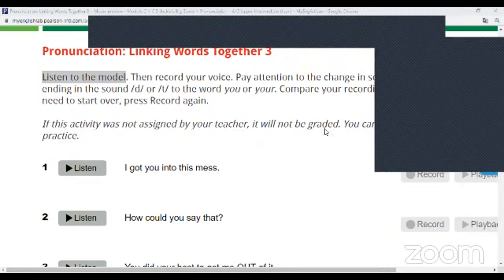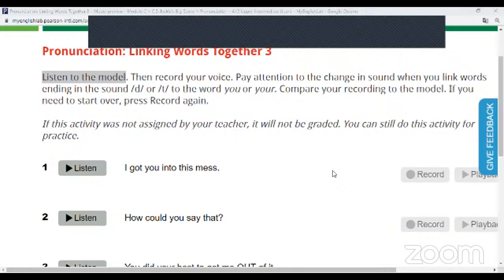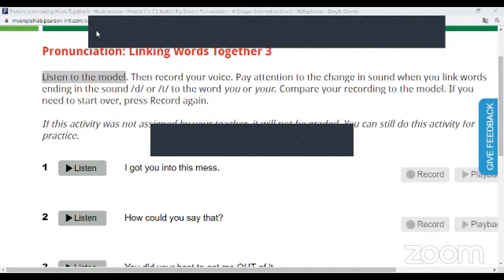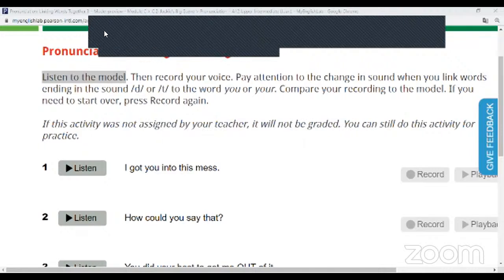Compare your recording to the model. If you need to start over, press recording again. If this activity was not assigned by your teacher, it will not be graded. You can still do this activity for practice.